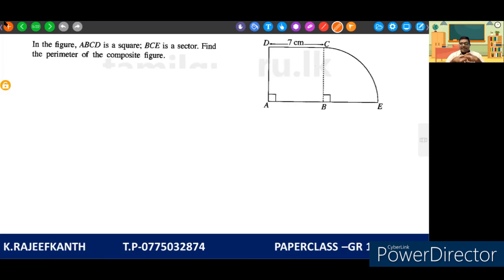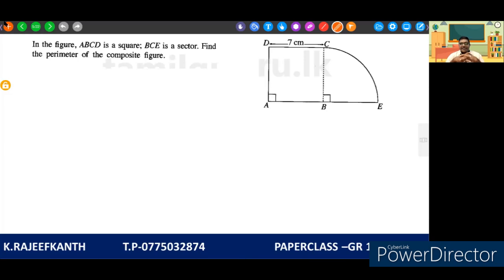ABCD is a square, then BCE is a sector. So we have to find the perimeter of this composite figure. We know that in the square, all the sides are equal. That is a property of a square.